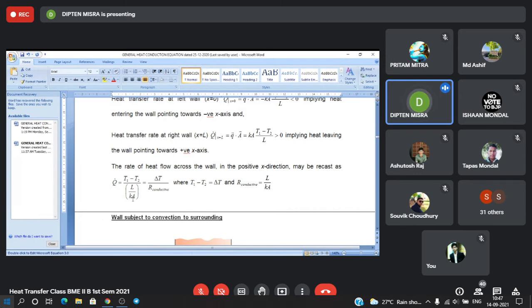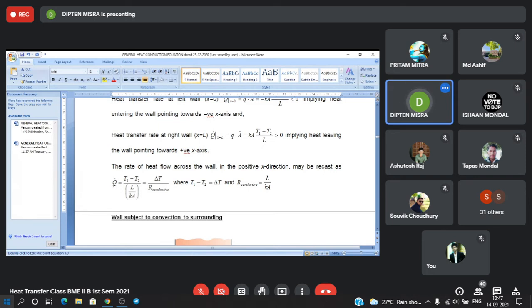Now, the reason for writing it like this is that it is very similar to Ohm's law for flow of current through a conductor, where we write the potential drop delta V divided by R as the current flow. Heat flow is like flow of current.